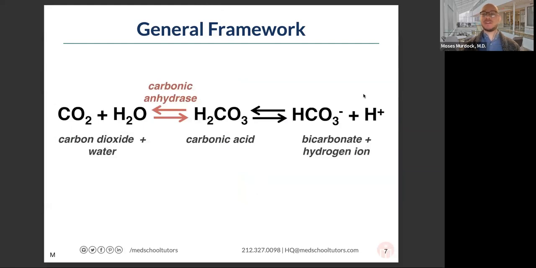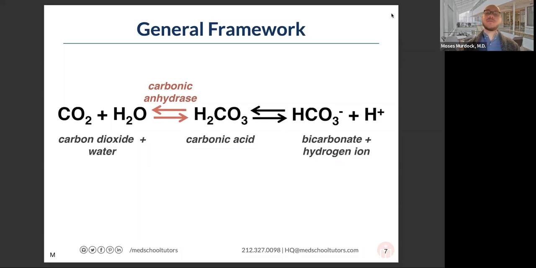And I'll just briefly mention, since this is linked, that one of the central formulas that guides all of this is the fact you might wonder, how does CO2, it's not charged, how does CO2 help manage metabolic acid-base problems? And that's because there's an enzyme in the body that converts CO2 and water in a reversible fashion with carbonic acid.